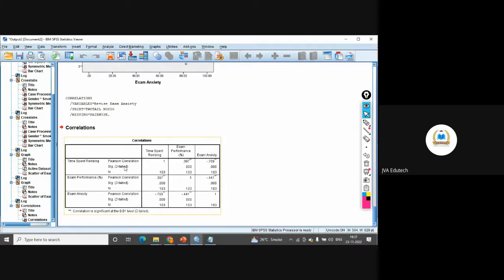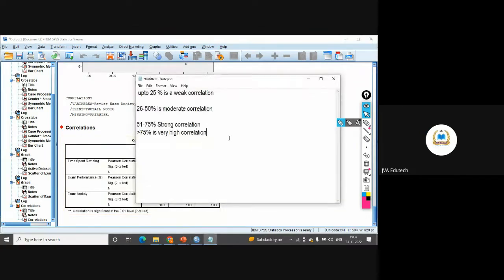Now, if you see time spent revising with exam performance, the relationship is positive or negative? It is positive. So time spent revising and exam performance are positively related. And what is the correlation coefficient? So moderate it is. It's 0.397, 39.7%. So yes, there is a moderate positive correlation. So what we can write?